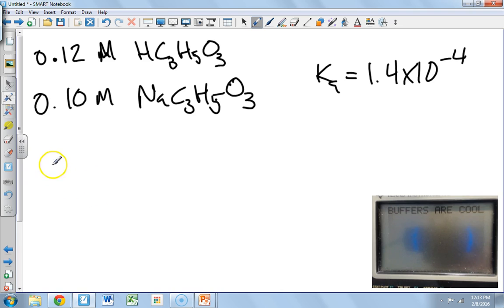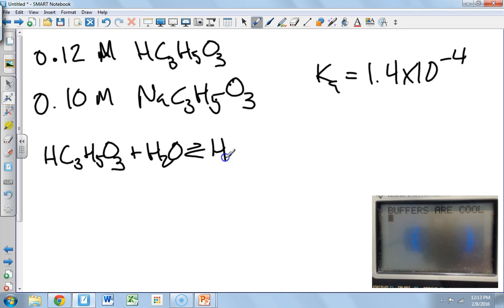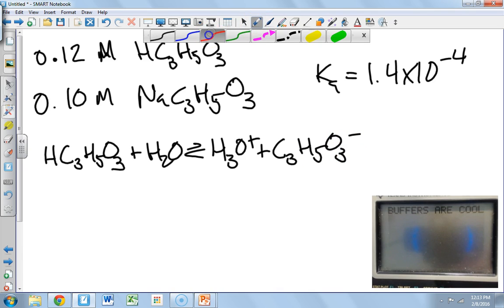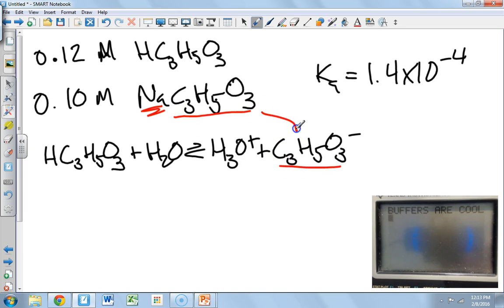So the equilibrium is HC3H5O3 plus H2O in equilibrium with H3O plus and C3H5O3 minus. You might wonder where the sodium lactate comes in. Remember that all compounds with sodium in them are 100% ionized, so this and this are the same thing. Now this becomes kind of like a common ion problem.